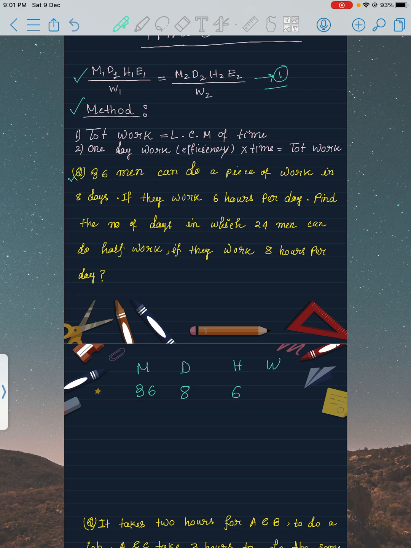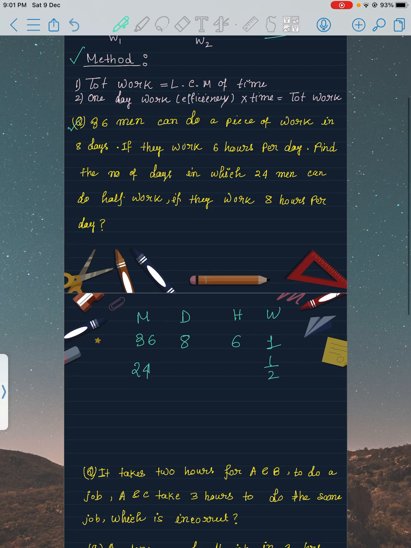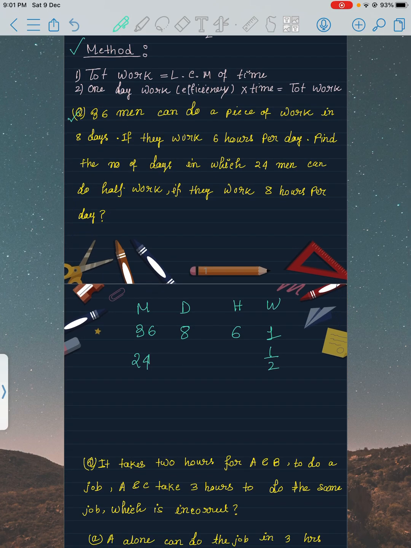Find the number of days in which 24 men can do half work. Let the whole work be 1, so it will be 1 by 2, if they work 8 hours per day. So we have to find the number of days.